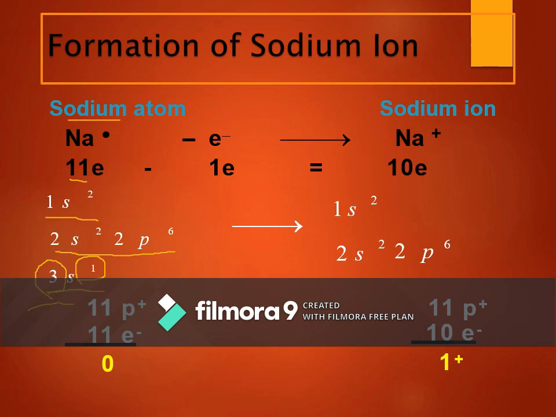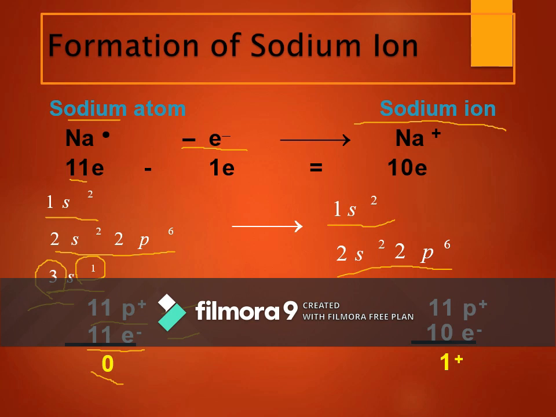In sodium atom, there are 11 protons and 11 electrons. Positive 11 plus negative 11, the net charge is 0. In the formation of sodium ion, when its valence electron transfers to the other atom, the electron configuration turns to 1s2, 2s2, and 2p6. It is isoelectronic with neon.